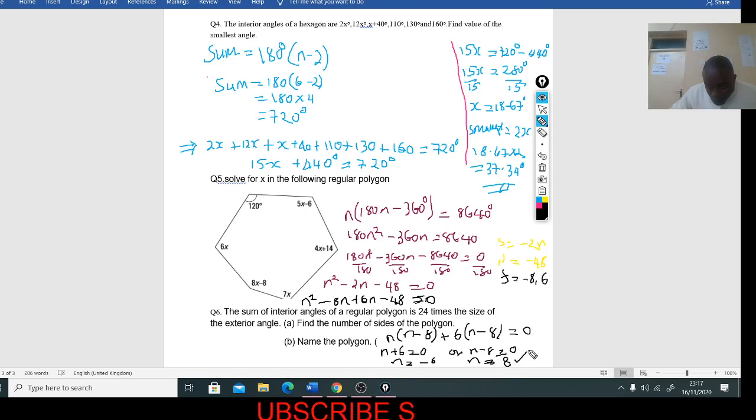We take the positive because the number of sides cannot be negative. So the value of n equals 8.